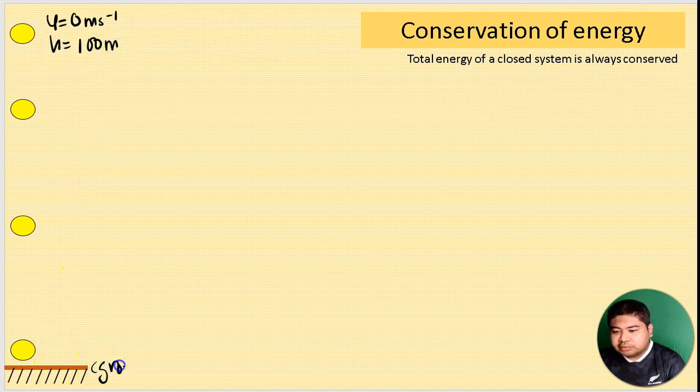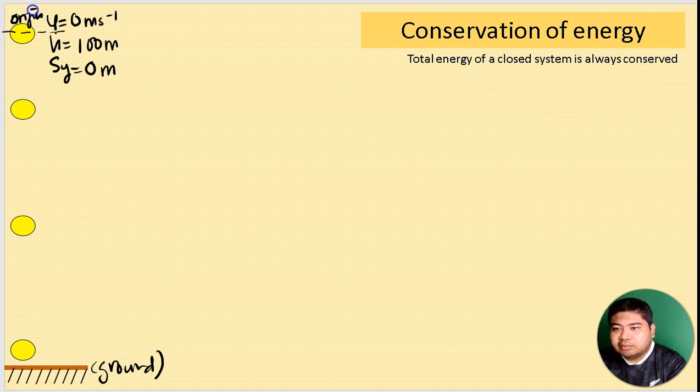So this is our ground. From the ground to the ball is 100 meter. And the vertical displacement of the ball currently is 0, because we drop the ball from this height. So this height is going to be our origin. So the s_y is 0.